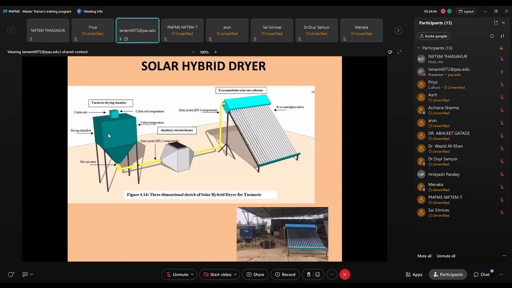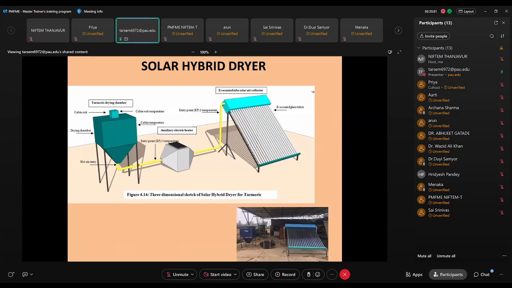The blower uses only one unit for 4 hours, as it has a 0.25 kilowatt capacity.